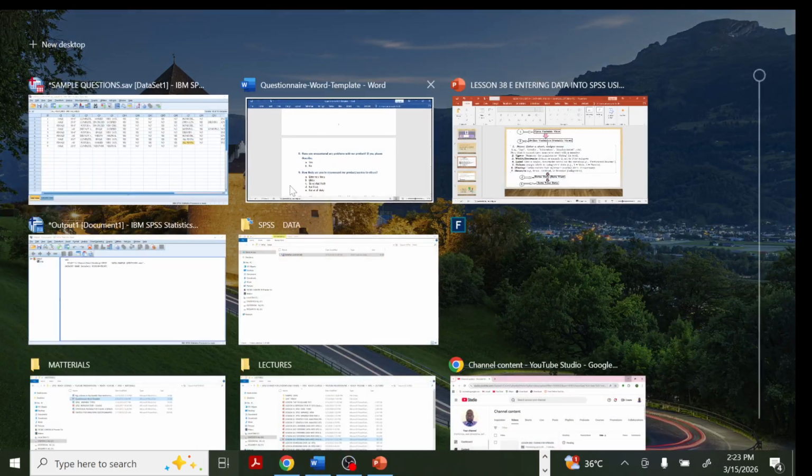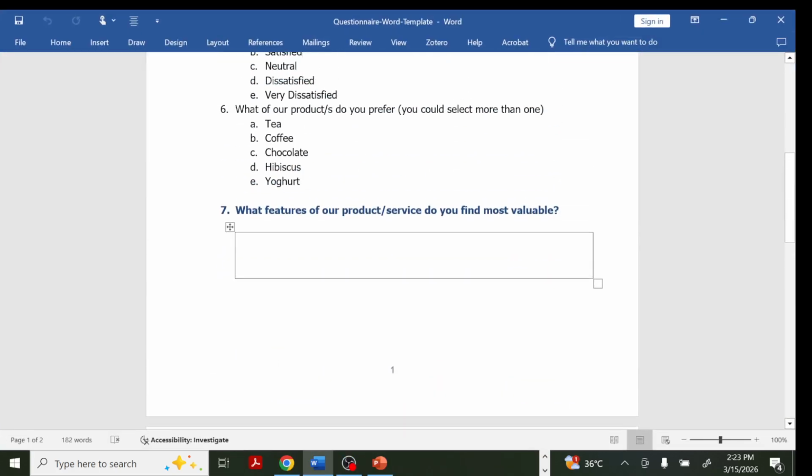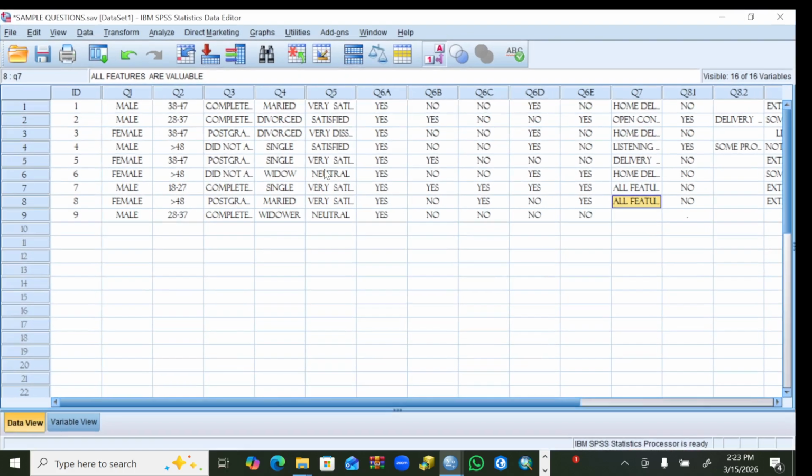Question number 7. We look at question number 7. What feature of our product service do you find most valuable? You say home delivery service. Have you encountered any problem? Let me say yes.